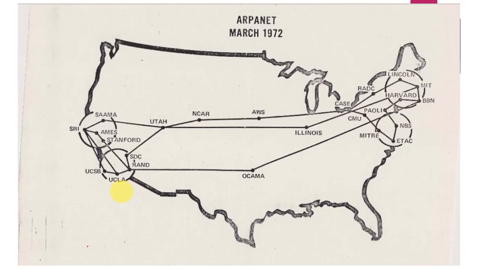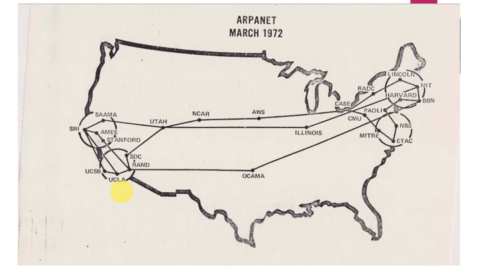Now, let us move to our topic, that was the internet, from where this internet came from. In the previous video we have learned about ARPANET. On your screen, you can see the photograph or architecture of ARPANET, which was in March 1972.